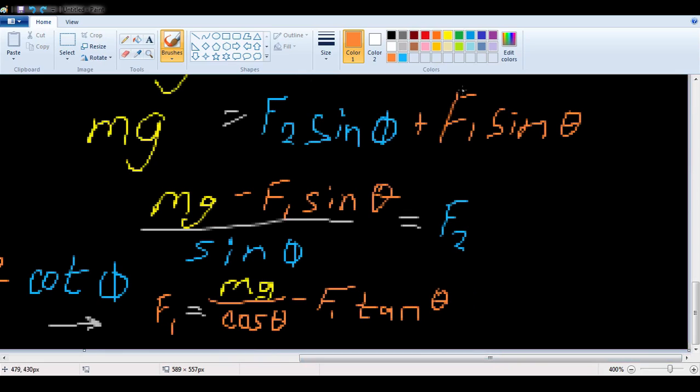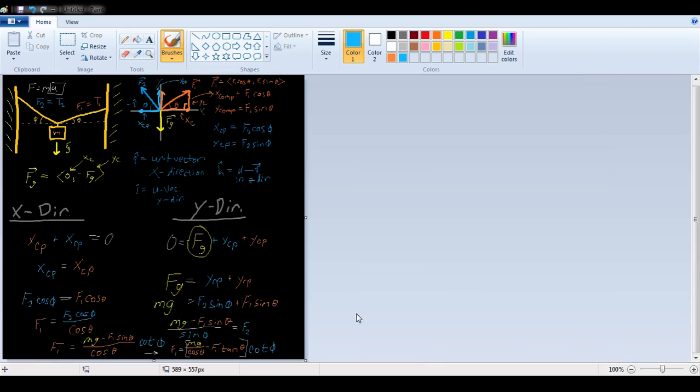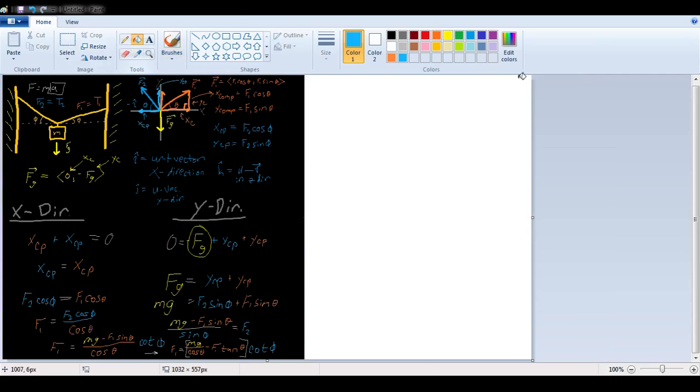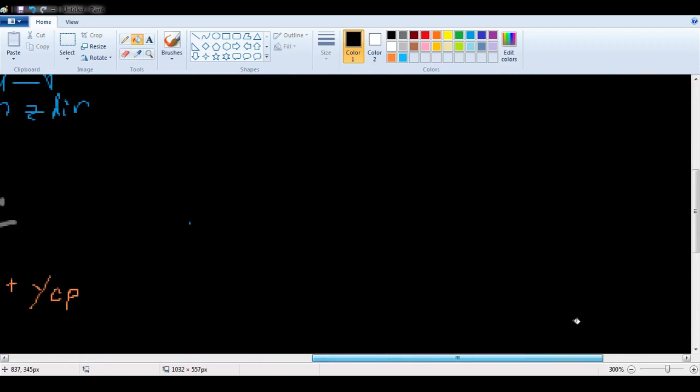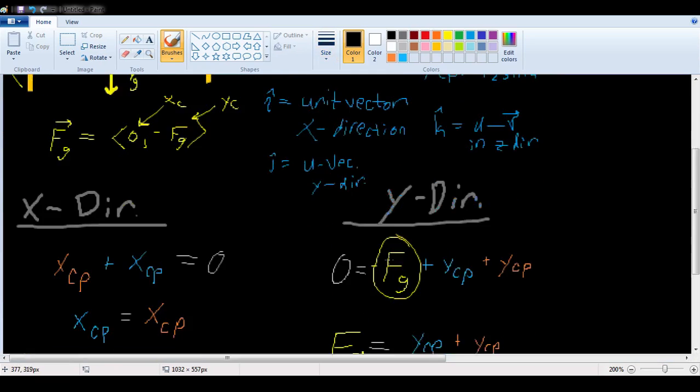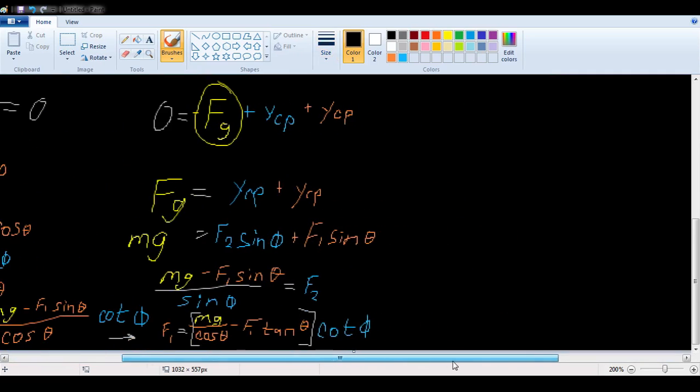And then we'll have this whole thing multiplied by a cotangent of phi. So now this looks a little bit messy and triggy and whatnot, so I apologize for that. But nonetheless, we have this in a form now that we can reduce further.